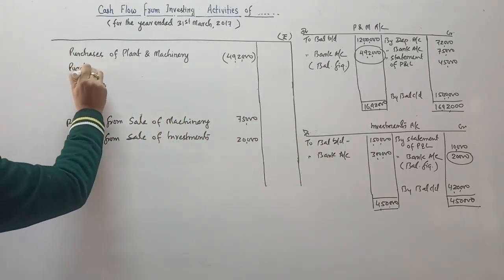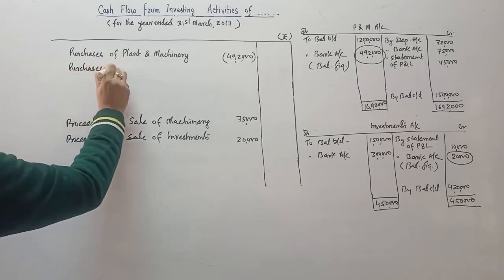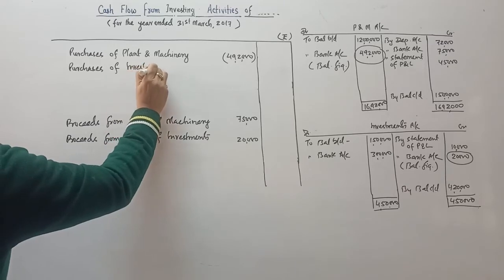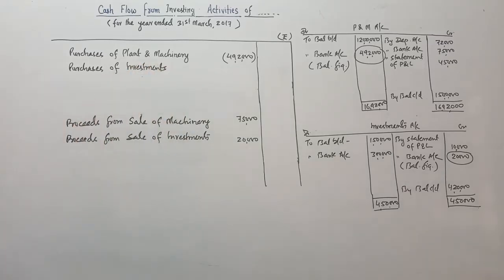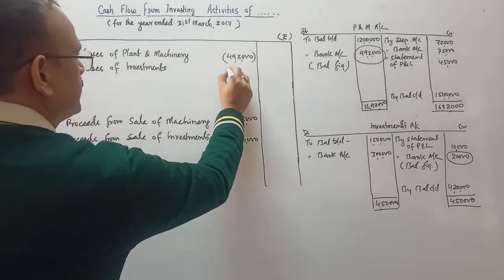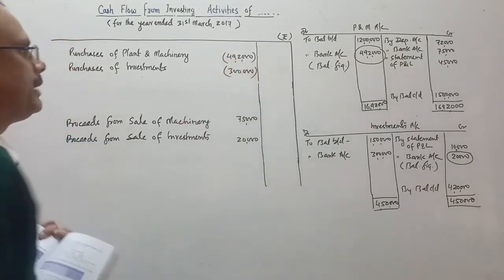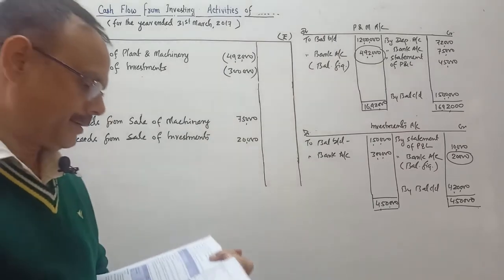Purchase of investment is an outflow of cash and cash equivalents under the investing activities. 3 lakhs is the outflow. So the outflow will be indicated in brackets.